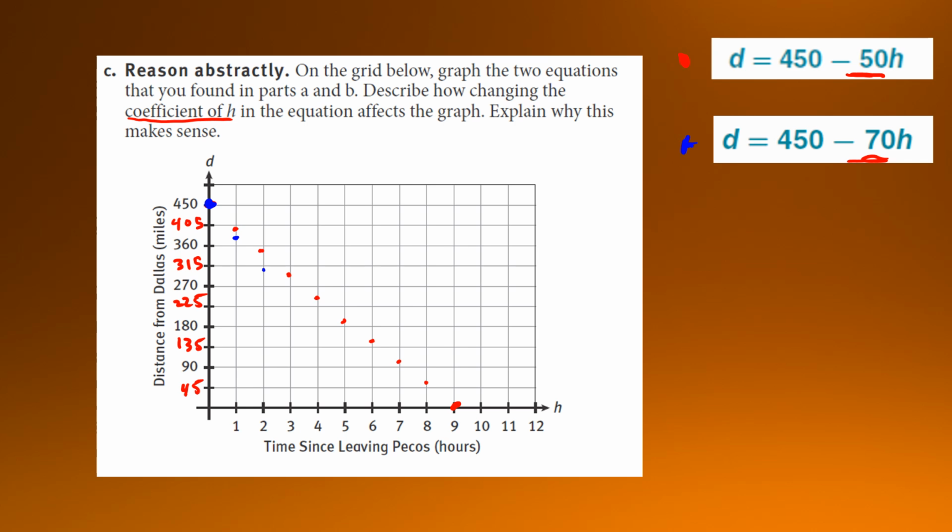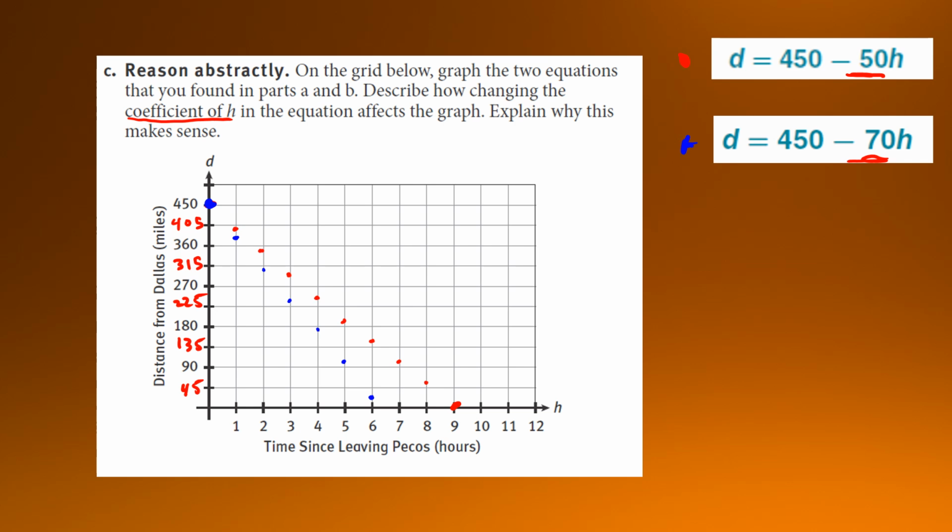So just keep minusing 70 each time and you'll figure out where you need to go. Next one would be like 240, so probably about here, and then 170, and then 100, and then like 30, and then somewhere between 6 and 7 it's going to get to 0.